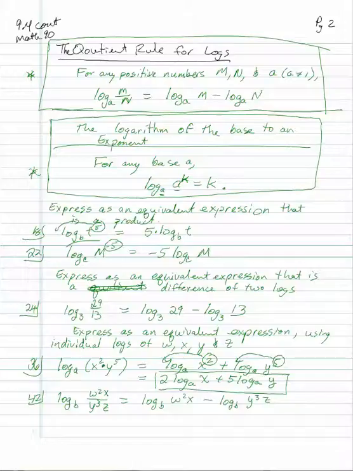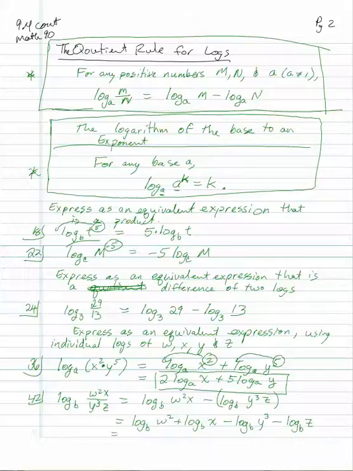And then we're going to split it up. We got log base b w squared plus log base b of x. Now you got to be careful because you got to think of this like in parentheses, and I'm going to distribute the minus sign. So it's minus log base b of w to the third minus log base b of z.